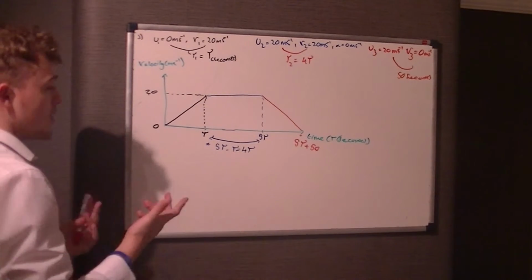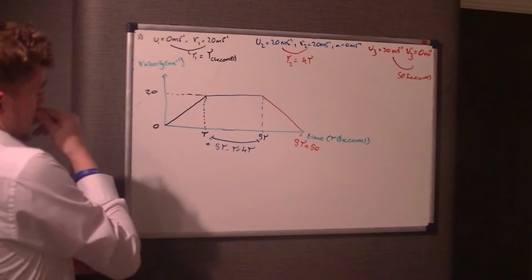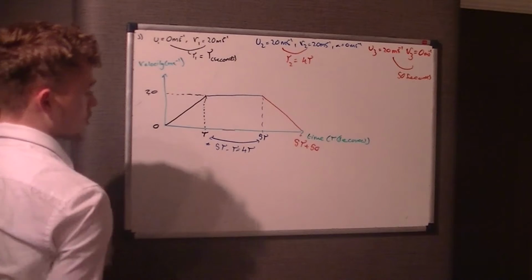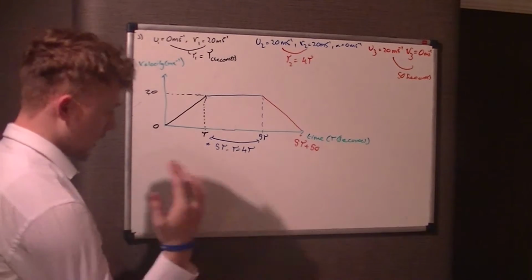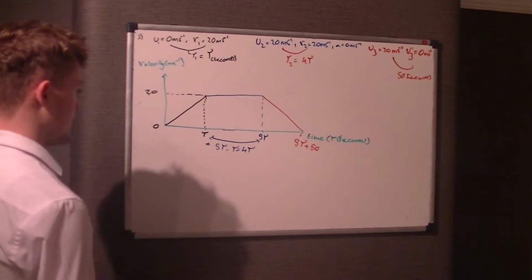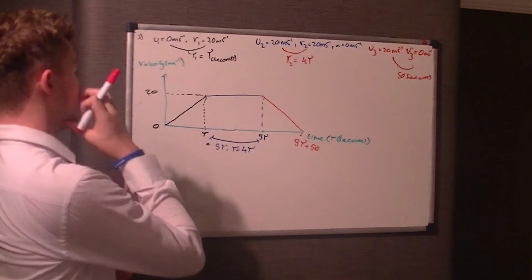Now, because we don't know what t is yet, it doesn't really matter in proportions what you do, just as long as it looks something like that. As we're going to find out at the end of this question, t is 8, but we'll explain how we get to that in a little bit.